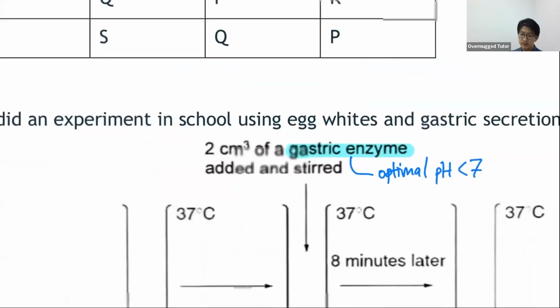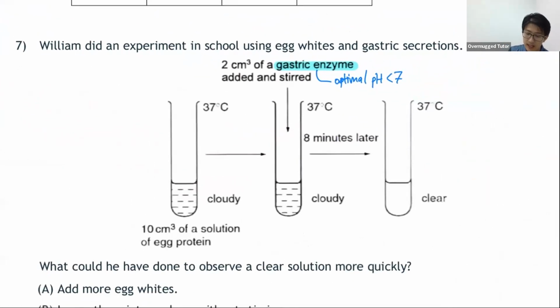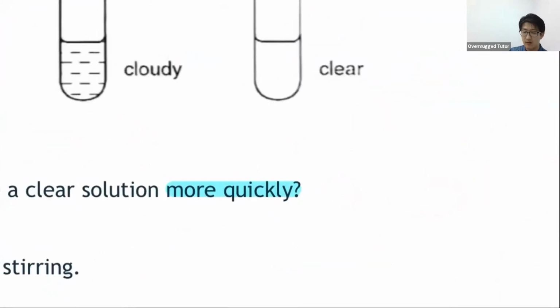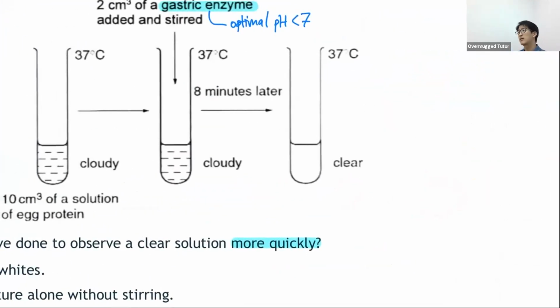Now, the cloudy nature is due to the egg white. So after adding my gastric enzyme, from cloudy, it turned clear after 8 minutes. The question is asking for more quickly. I want to increase or decrease something.